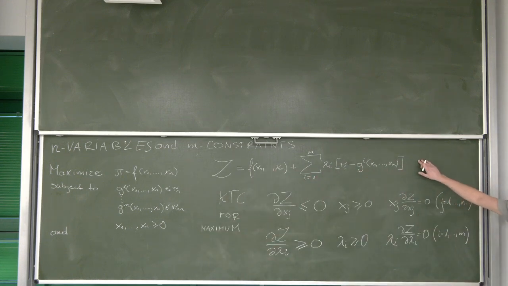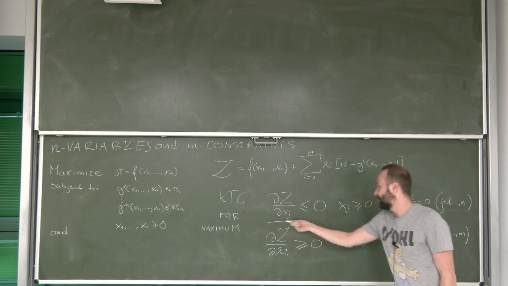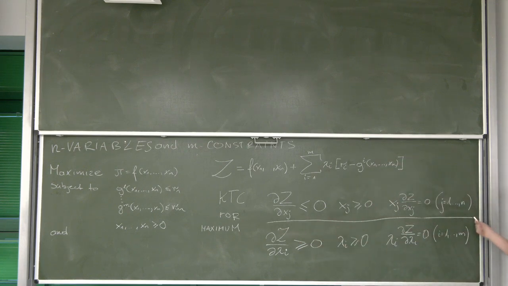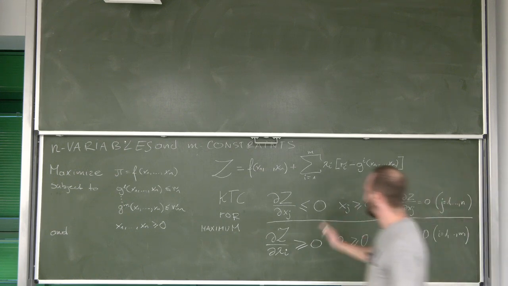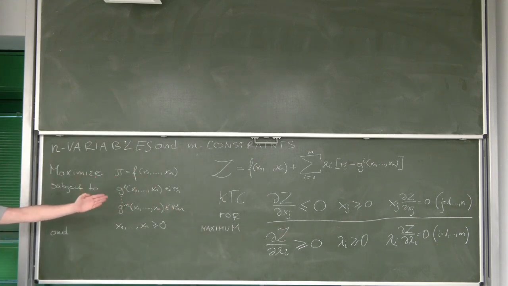And look, the next step is going to create two sets of conditions. First, we're going to have j different conditions based on the derivatives of z with respect to variables x.